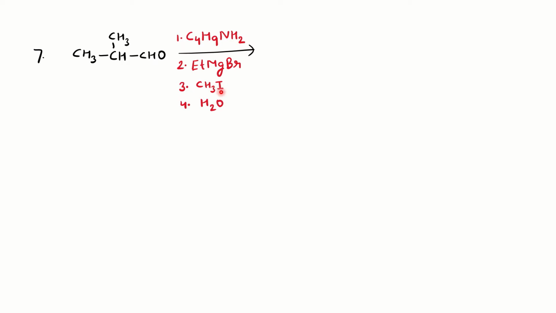Then CH3I is the alkylating agent and hydrolysis conditions are given. So basically it is the drawback of the Stork enamine reaction. Here it is not an enamine, it is imine formation, and imines are inactive, because both hydrogens are taken away from the nitrogen, so you have a CH double bond N. So we need to generate a carbanion here.